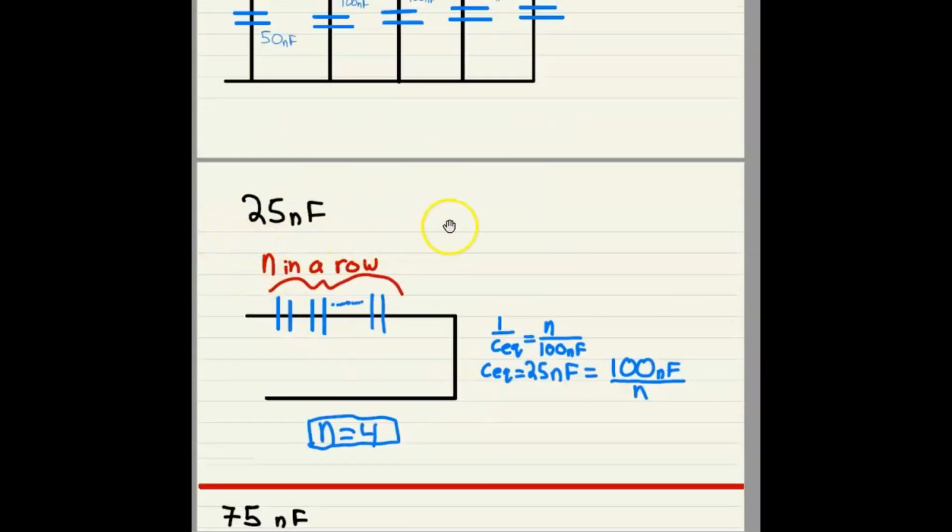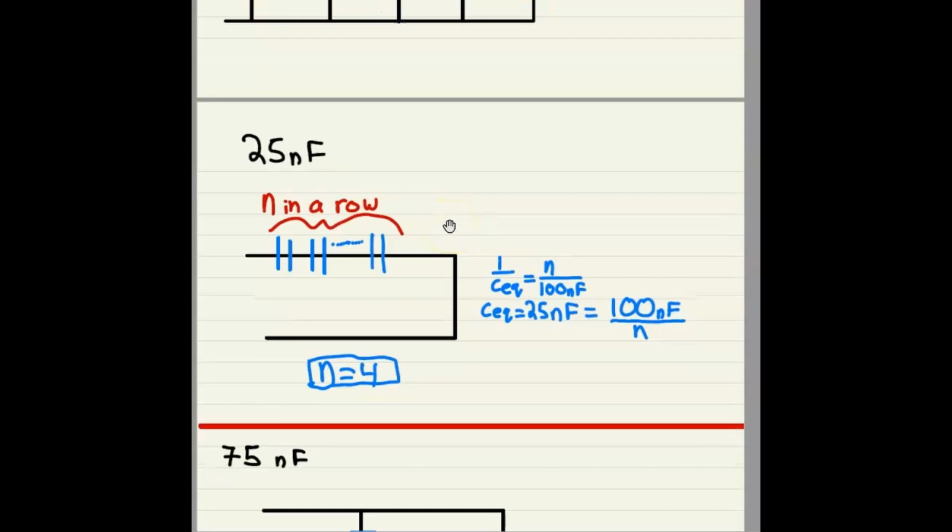What about 25 nanofarads? For 25 nanofarads, C equivalent is 100 nanofarads over N, where N is the number of capacitors you have in series. If I want to add up several in series, 1 over CEQ equals N over 100 nanofarads, and then you flip it, and CEQ equals 25 nanofarads. That tells you N equals 4.